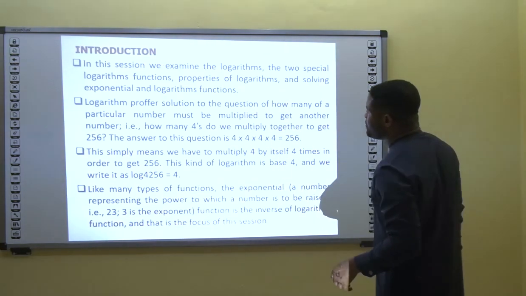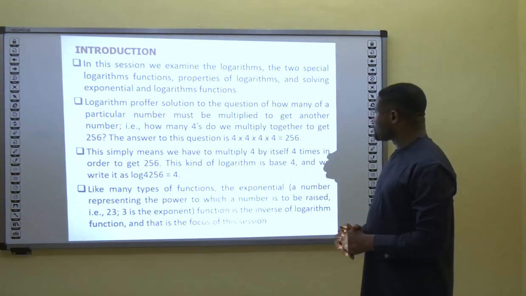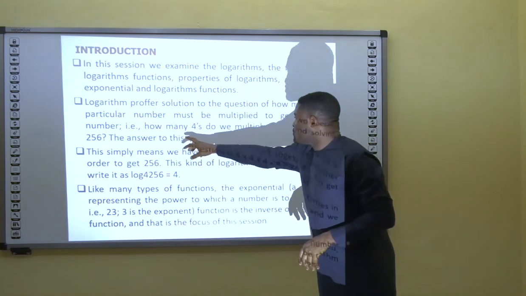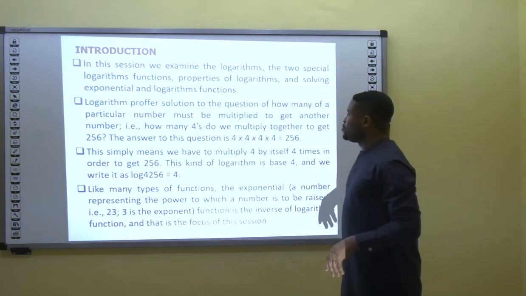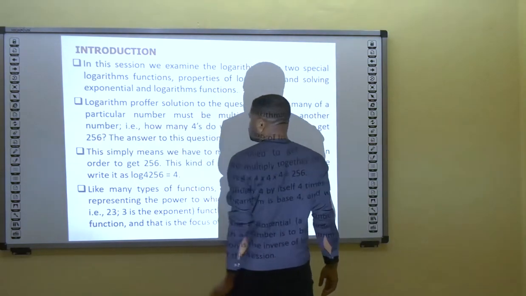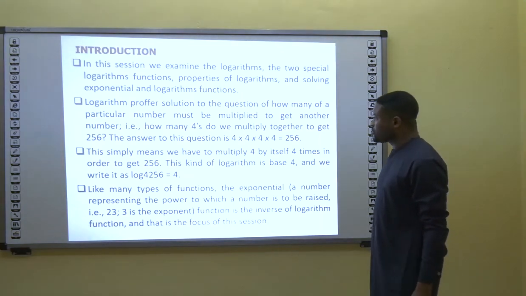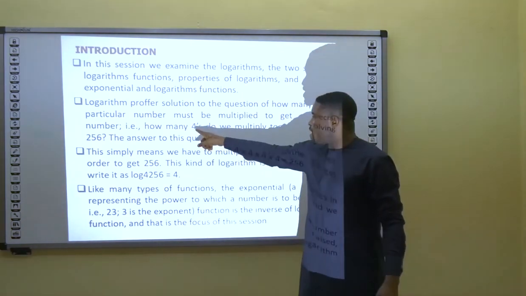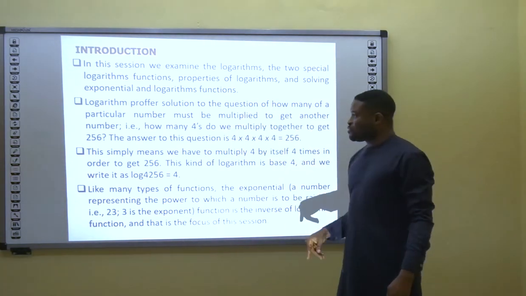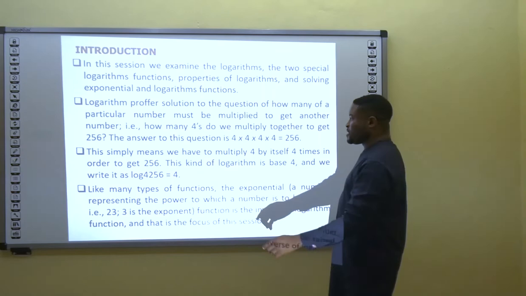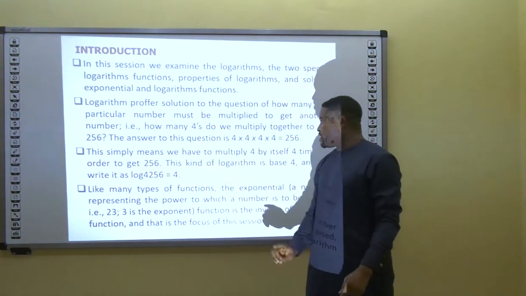So now on this slide we have, for instance, how many fours do we multiply together to get 256? The answer to this question is that we have to multiply 4 by itself 4 times in order to get 256.